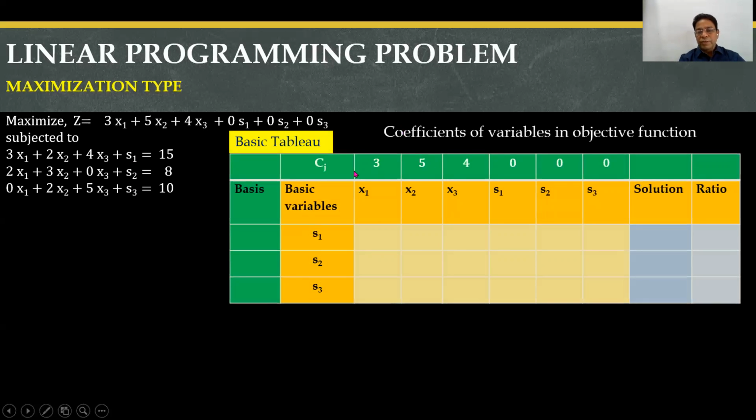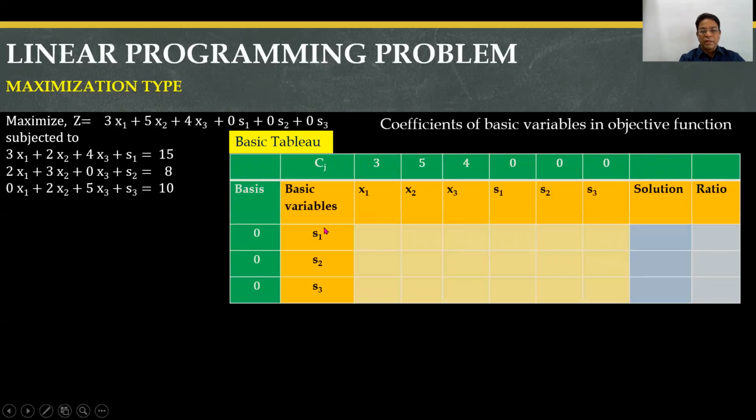Now the next step is to fill this top row. The top row is called the Cj row, and these elements are obtained from the objective function. You can see these are the coefficients of the variables in the objective function. The coefficient of x1 is 3, of x2 is 5, and of x3 is 4, and so on.